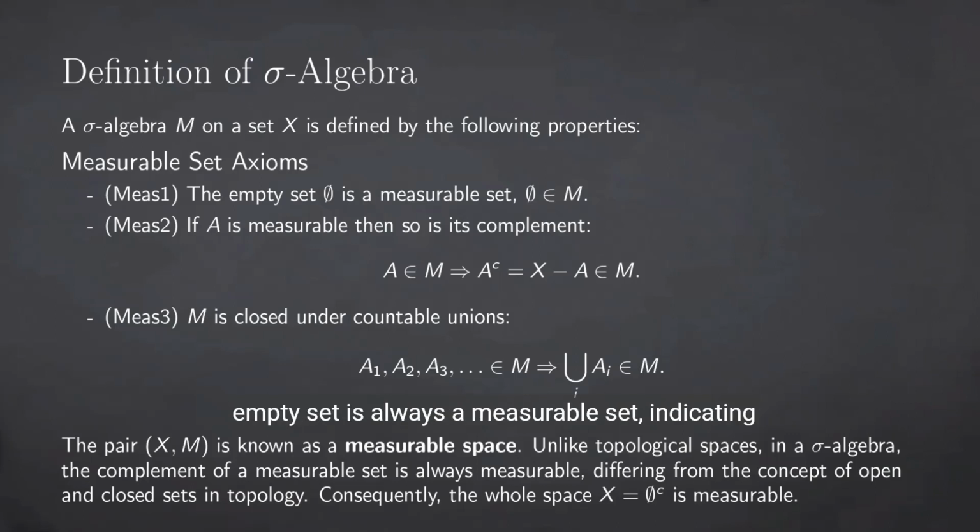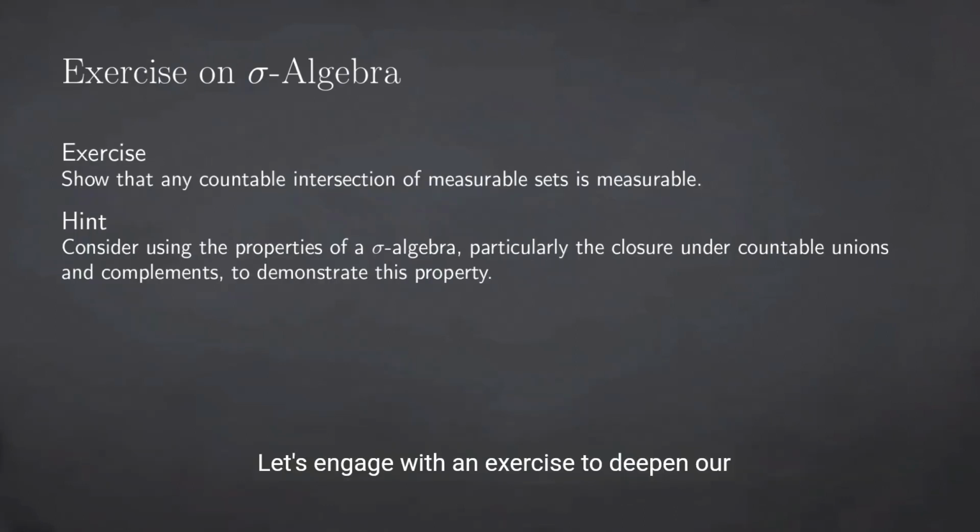The empty set is always a measurable set, indicating that the empty set belongs to M. If a set A is measurable, then so is its complement, expressed as if A belongs to M, then A complement, which is X minus A, also belongs to M. The collection M is closed under countable unions, meaning if sets A1, A2, A3, and so forth belong to M, then the union over i of Ai also belongs to M. This structure, known as a measurable space, differs from topological spaces by ensuring that the complement of a measurable set is always measurable.